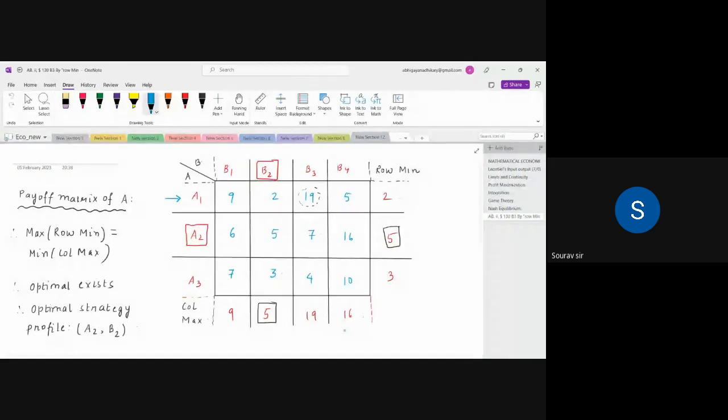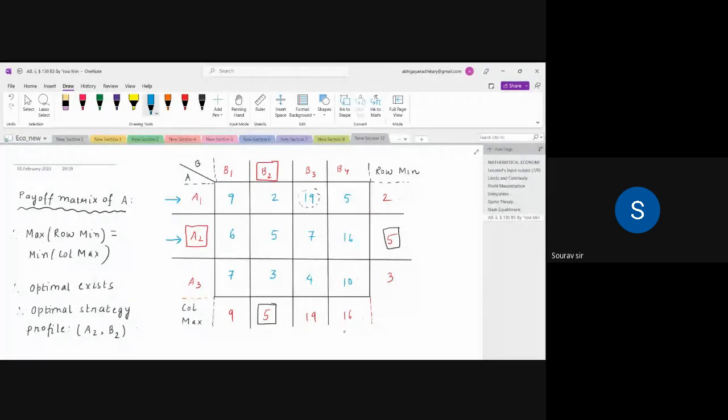Similarly, if player 1 chooses A2, he will do the same analysis. If I play A2, what would be player two's optimal response? He would choose the one that gives player 1 the least possible payoff. Correct. So that makes it 5. And similarly for A3.